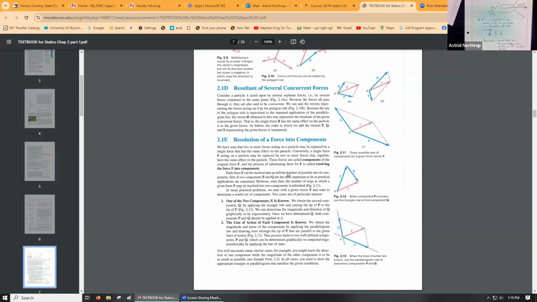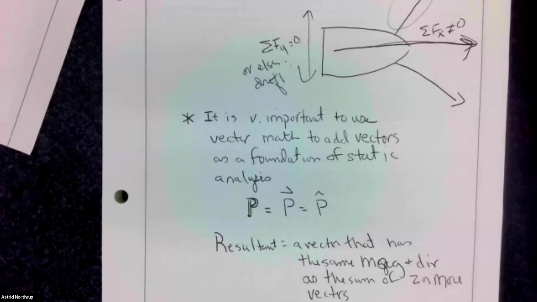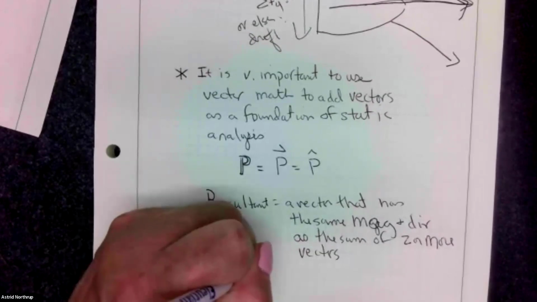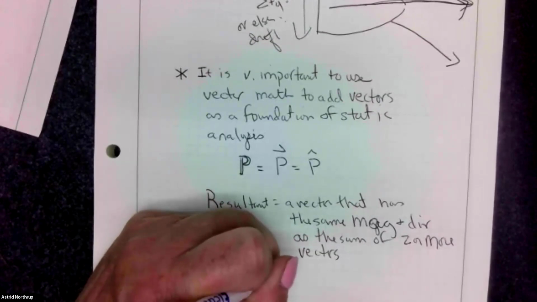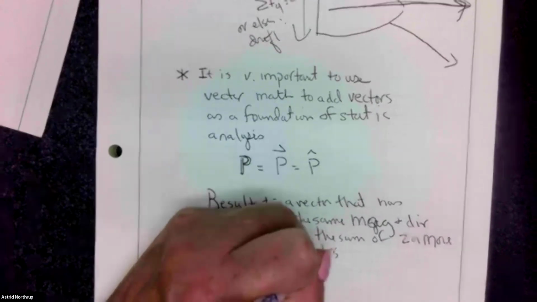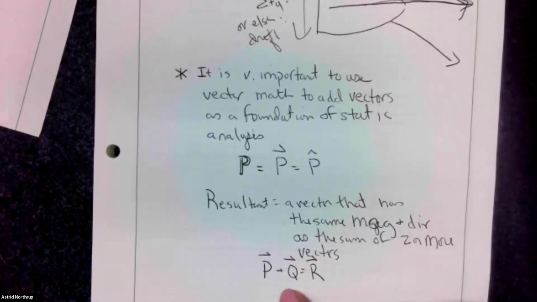Okay. So in other words, you could write that as vector P plus vector Q equals vector R, and vector R is the resultant of P and Q.